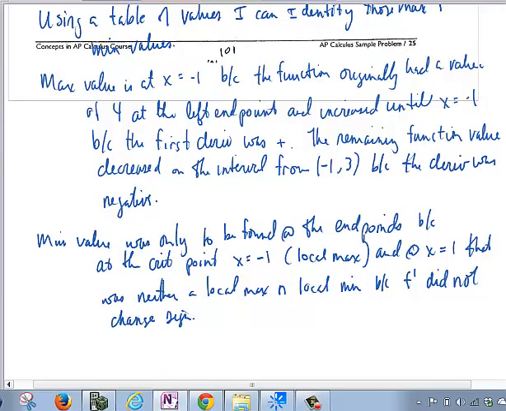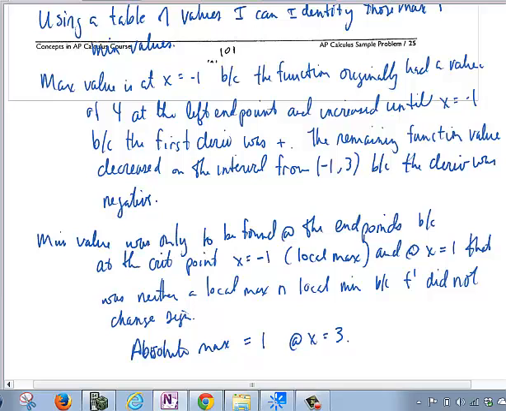And as indicated by the drawing, the absolute min was at the right endpoint. Absolute min is equal to 1 at x equals 3.